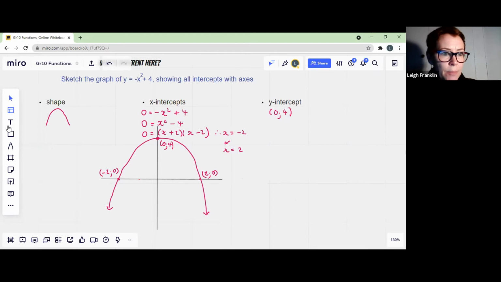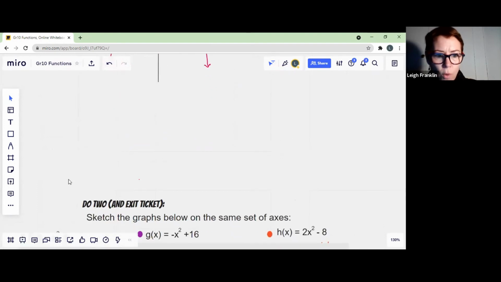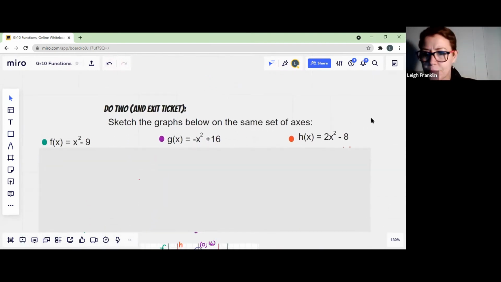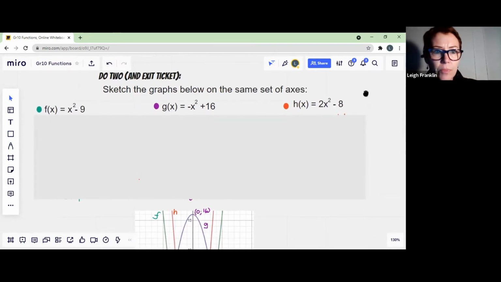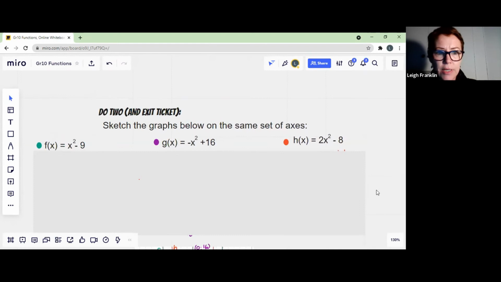Okay, so I'm going to give you a challenge. You are going to try one of my questions now. The challenge for you is to try and see if you can do 2. What I've done is I've color coordinated it. So the green is the easiest one.